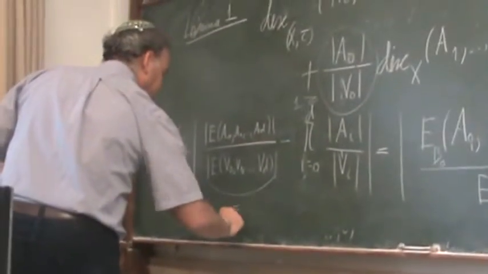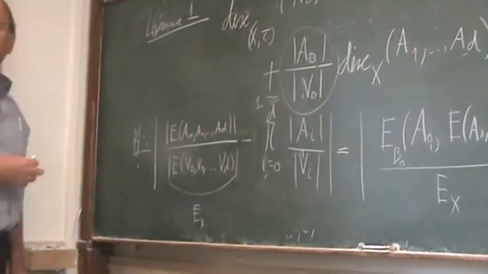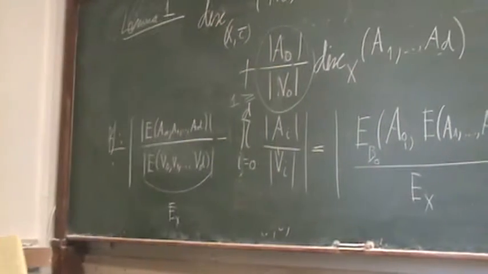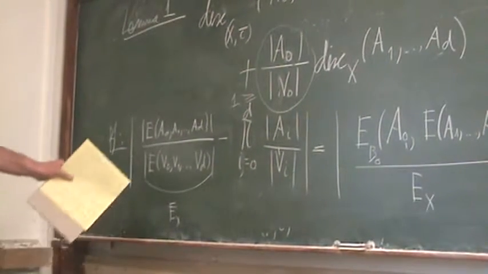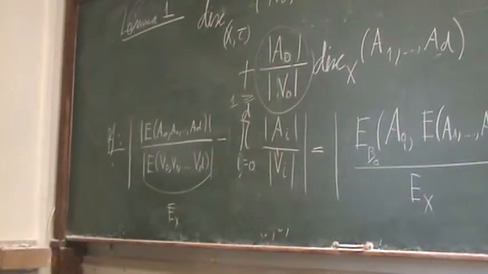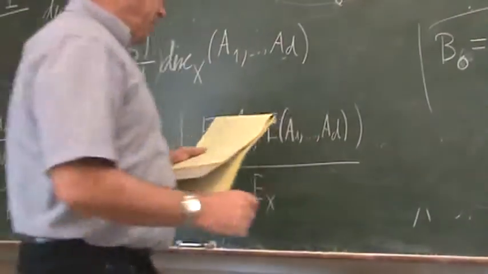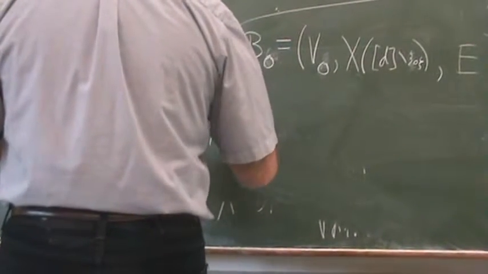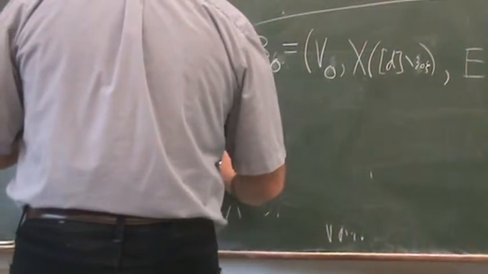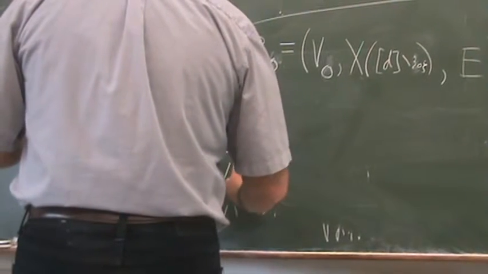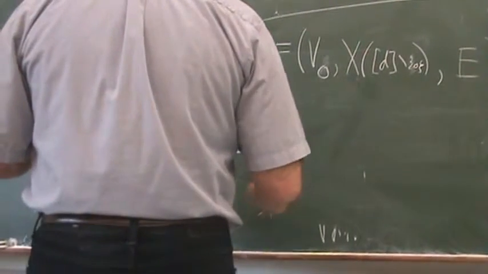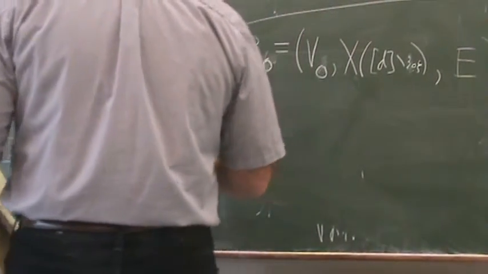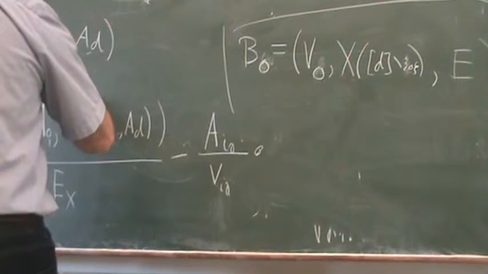This is just E of x, like the total number of edges of x. When I say edges, I mean maximal edges, right? Like maximal chambers. Okay? E of x. Minus AI0 divided by VI0 times, let's give this a name.